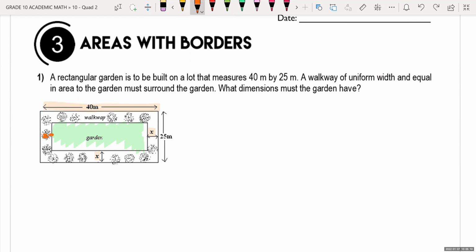I know that's very hard to read, but that's me writing an x over here. What do you guys think? If this big line over here is 40 meters, and then we have an x over here and an x over here, can we figure out what this little line over here is going to be?